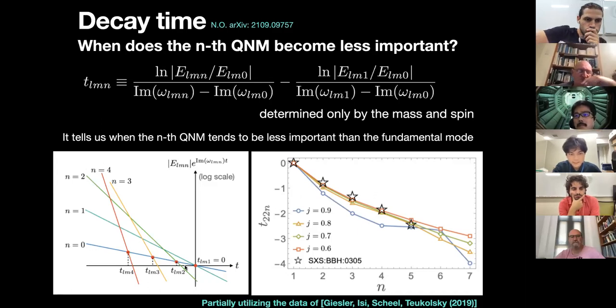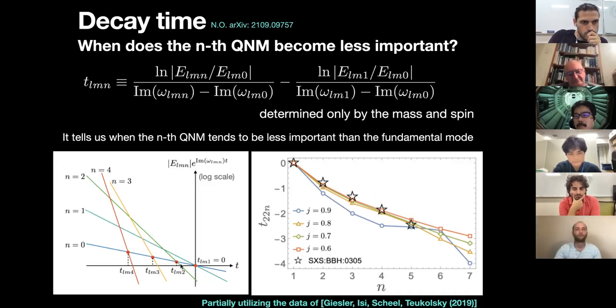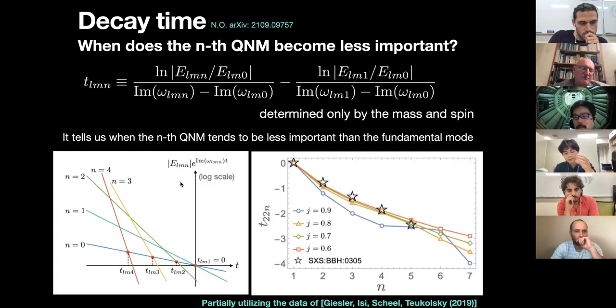The blue line is the amplitude for the fundamental quasi-normal mode. Now I define the decay time like this. I suppose that the amplitude of each quasi-normal mode is given exactly by the excitation factors only. In this case, when does the nth quasi-normal mode become less important?